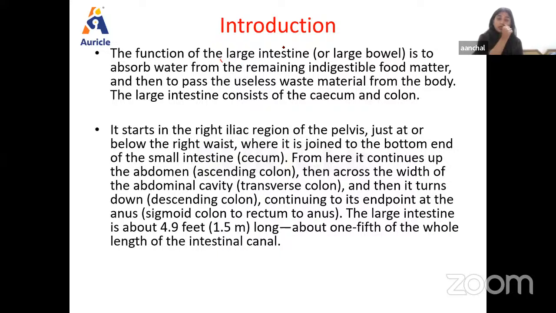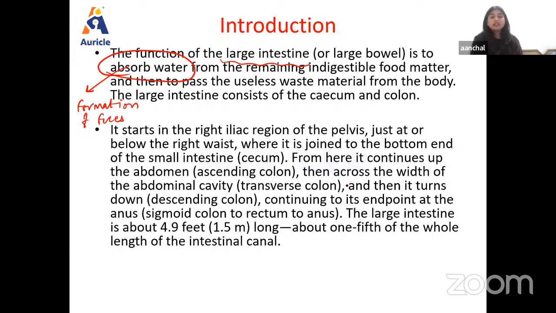Now here in the large intestine, the waste product comes, and from the waste product there will be absorption of water so that the formation of feces can occur. So basically in the large intestine, there will be absorption of water and the formation of feces will occur, right? And then to pass the useless waste material out of the body, means the useless waste material gets rid out of the body, right?